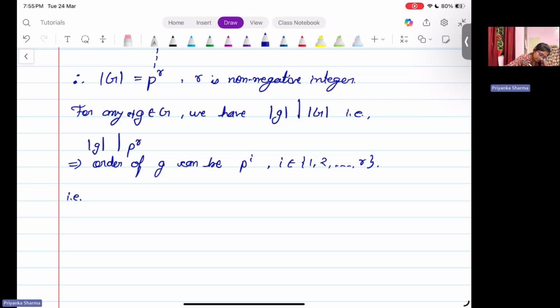That is, the order of each non-identity element, as they share the order, is P power.